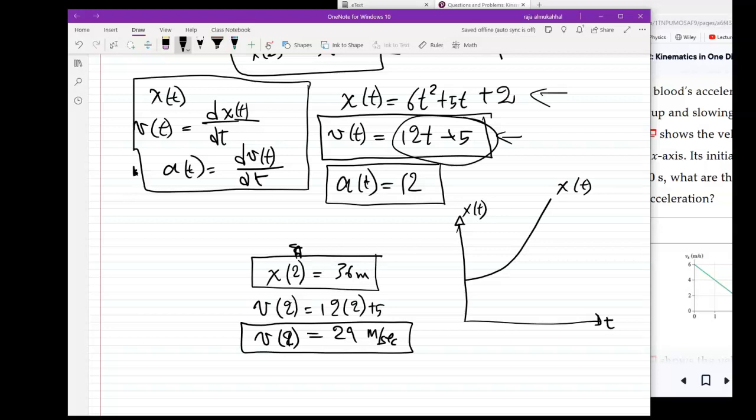What about the acceleration? According to the formula right here, the acceleration is a constant, 12 meters per second squared. In other words, it is speeding up at a rate of 12 meters per second every second. That's really the meaning of those formulas. Got it?